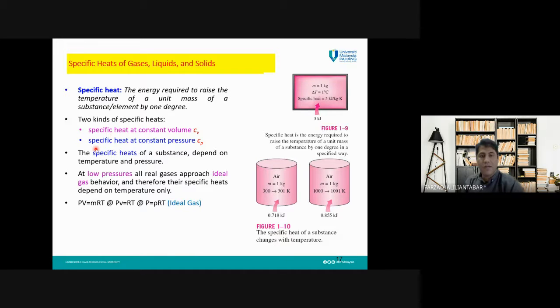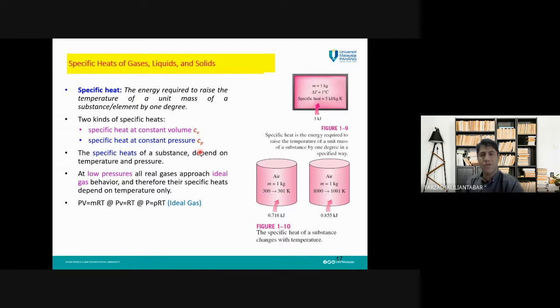The other method is a specific heat at constant pressure, or CP. This time, the volume of the gas can change for 1 kg of the gas, but the pressure remains constant. In this case, the amount of the energy for increase of that 1 kg of the substance by 1 degree Celsius is called specific heat at constant pressure, or CP.